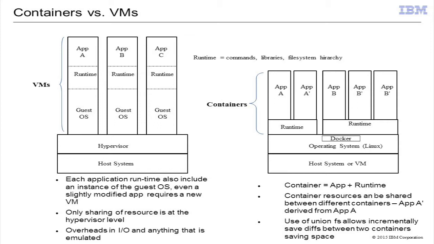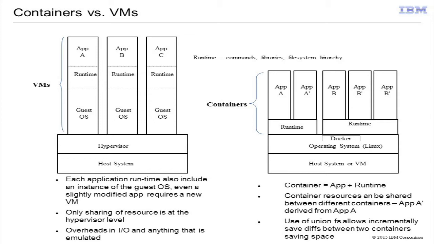On the right-hand side is containers. Containers are just exactly the smallest amount of an application in a runtime combination that you need, typically a cloud service that does one thing. Container resources can be shared between different containers, so if I need a container resource in app A and A prime and B, then I can share them, and I can pull pre-built containers off of registries like Docker Hub.